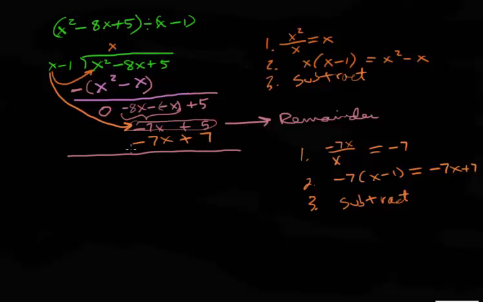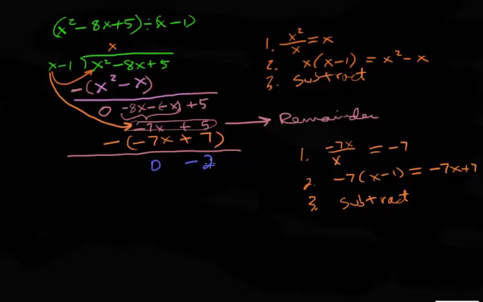And remember, we're going to subtract that. Now negative 7x minus a negative 7x, of course, is negative 7x plus 7x, which is a 0. But 5 minus a 7 is a negative 2.